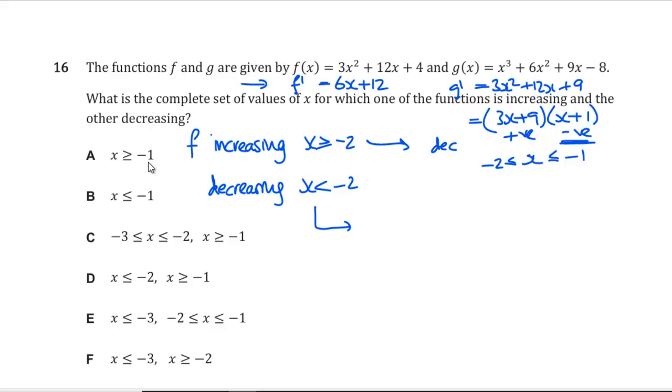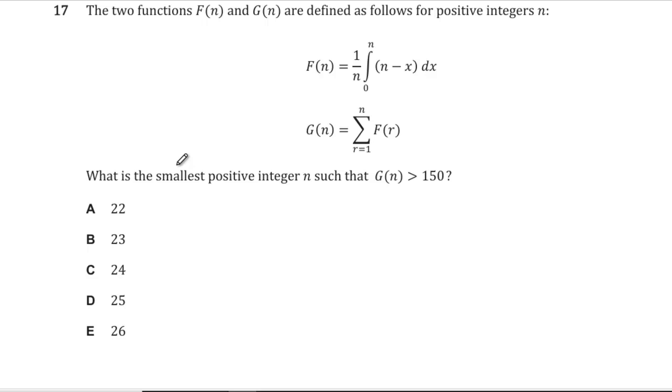So this is going to have to be less than or equal to -3. Okay, so I need that and that. Is that E? So less than or equal to -3 and between -2 and -1. So okay, E. Right. God, that was a bit of an annoying one.